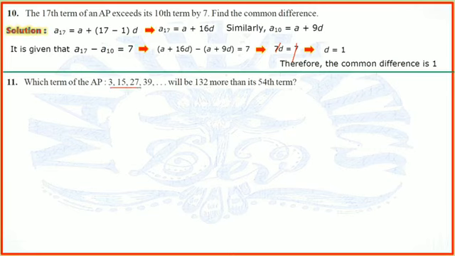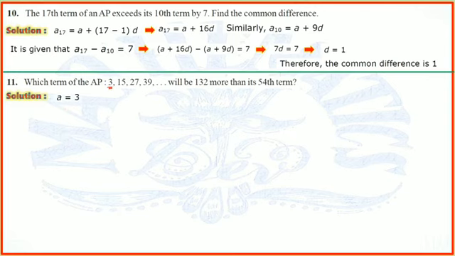This is an AP, and you will continue this way until you get one number which is the 54th term plus 132. So first of all, we'll start with the 54th term.